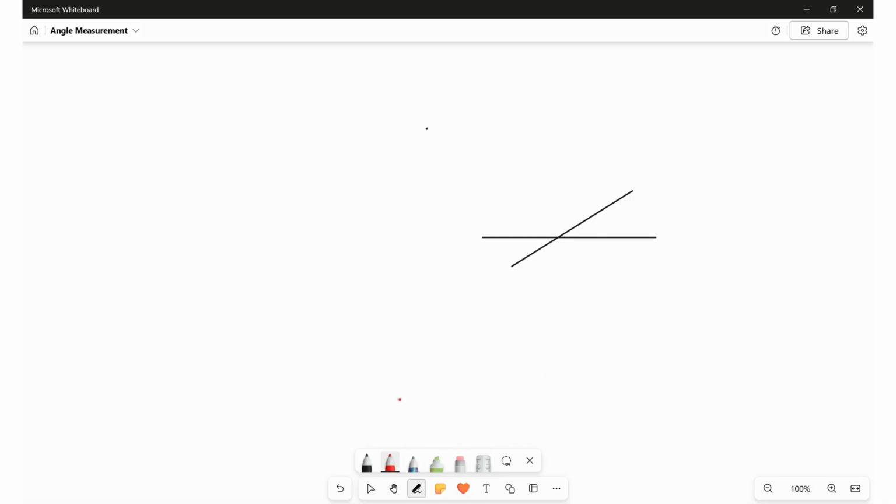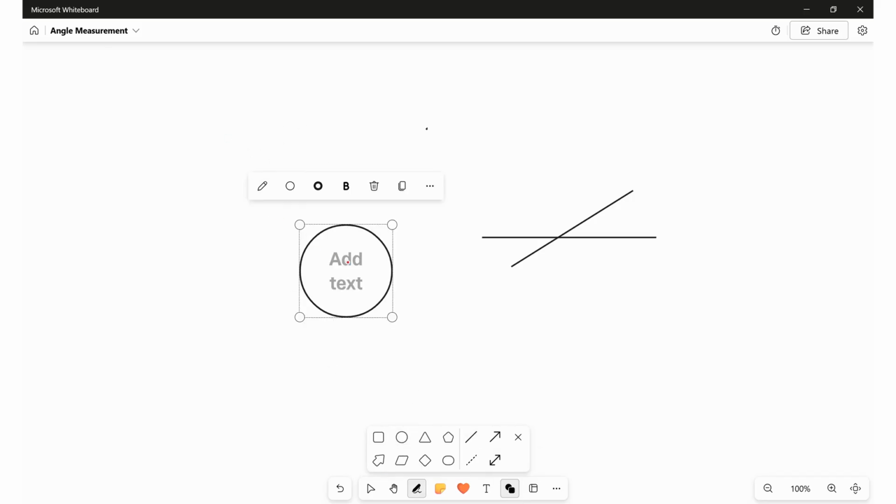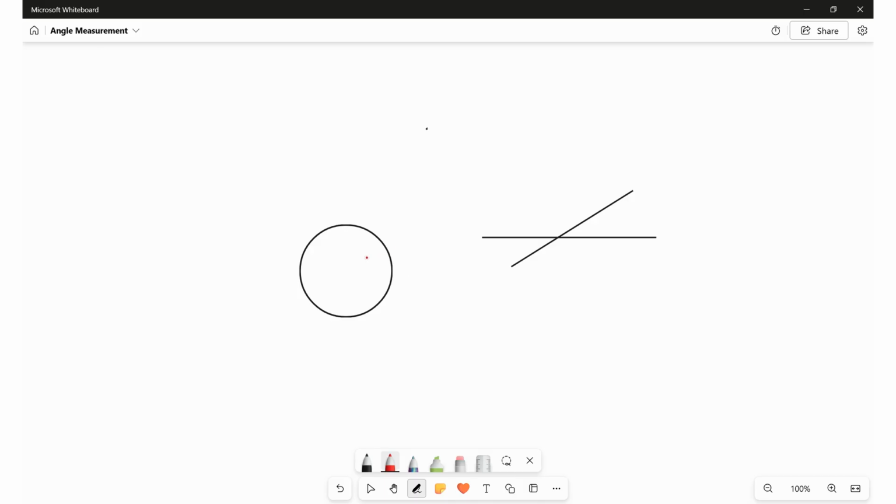Because remember when we looked at our circle, right? Okay. And when we looked at our circle, if we were to start at one place and go all the way around the circle and come right back to where we started, if you recall, we said that that was 360 degrees.